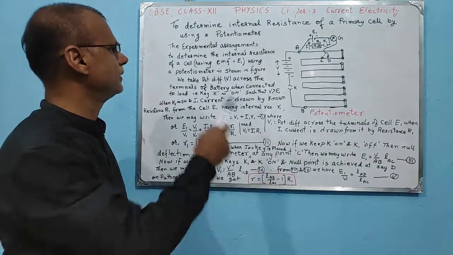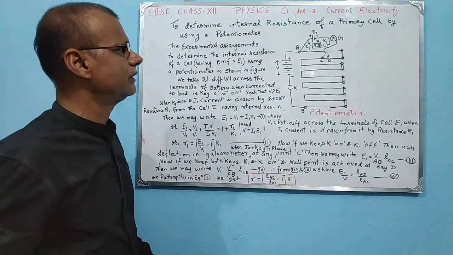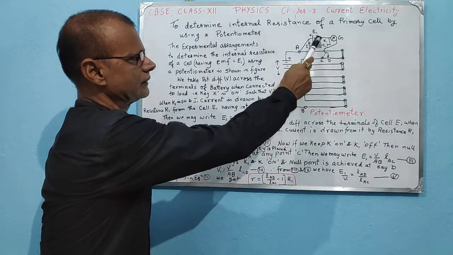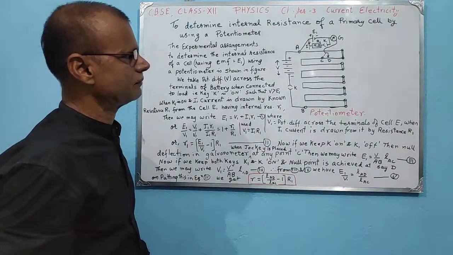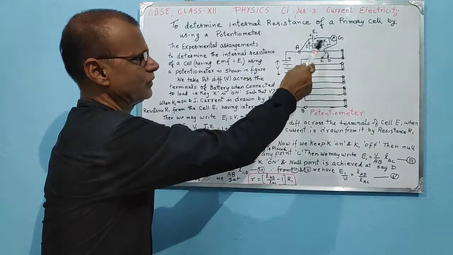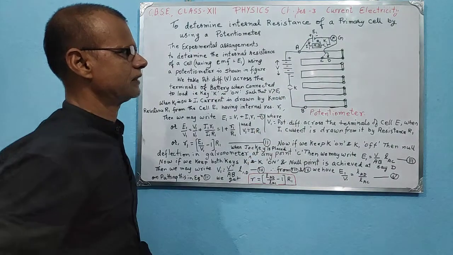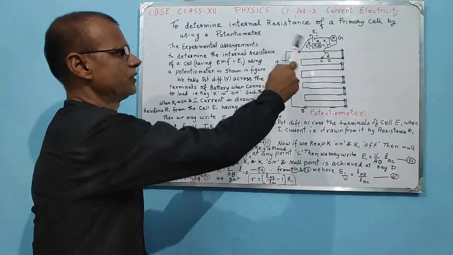So our experiment will be defeated. Now we assume that the EMF of the cell is E1, and in this circuit we are also attaching another circuit, a cell whose internal resistance is to be determined. We attach it to the galvanometer, and parallel to this cell we also attach a resistance box in which a resistance R1 is introduced in the circuit.